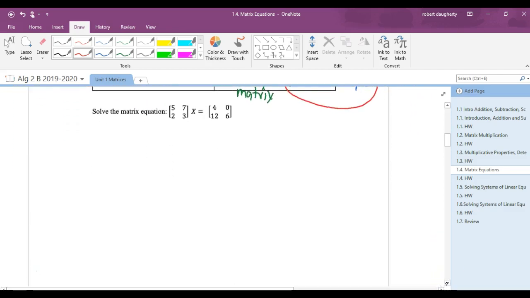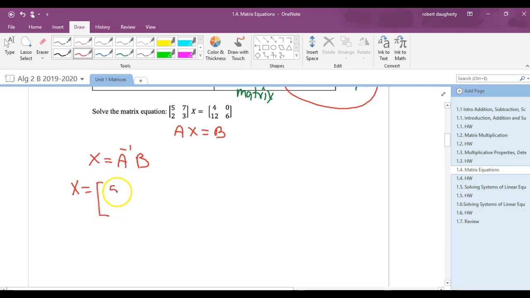I want to solve this equation. So think of this as AX equal B. To solve that equation, X will equal what? That's how I solve that equation for X. So I need to figure out X equals, what is A?